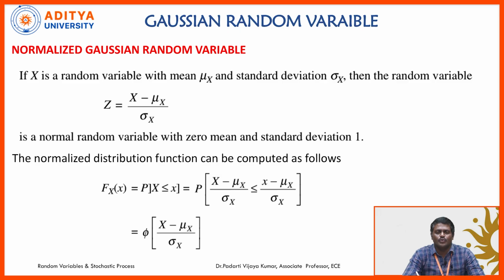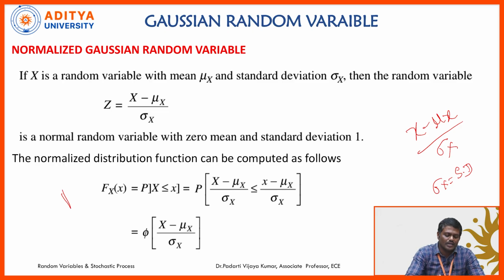Instead, what we do is convert the given Gaussian random variable into a normalized Gaussian random variable, just by simply replacing x with (x − μ_X) / σ_X, where σ_X is the square root of the variance, which is nothing but the standard deviation, and μ_X is the mean. Then the newly formed function is the normalized Gaussian distribution function.